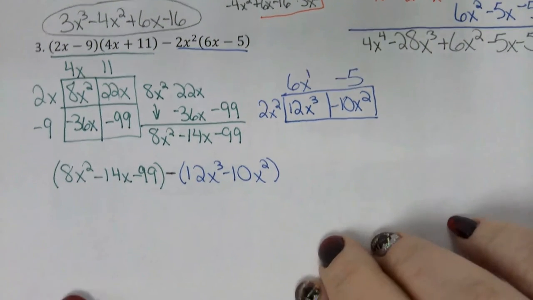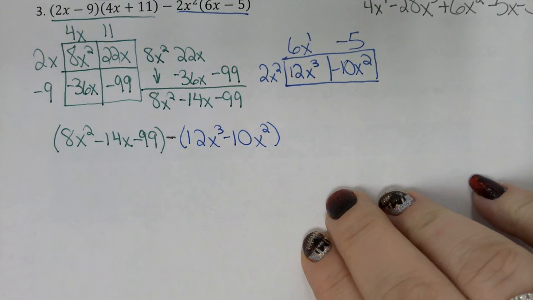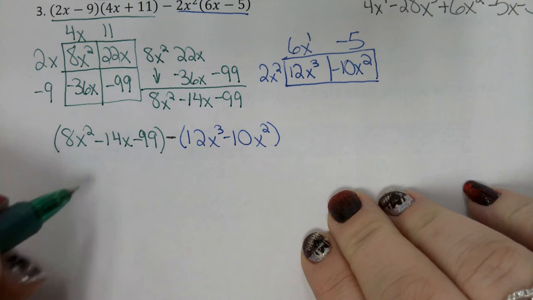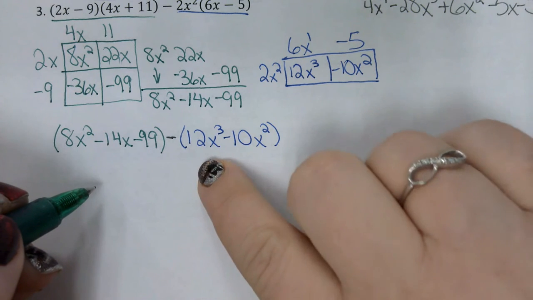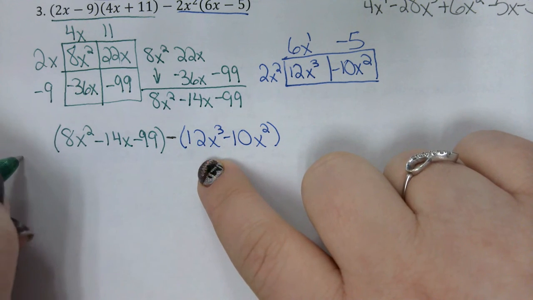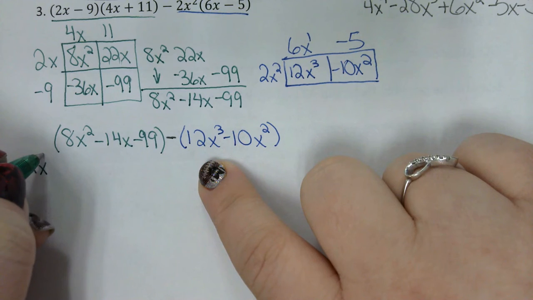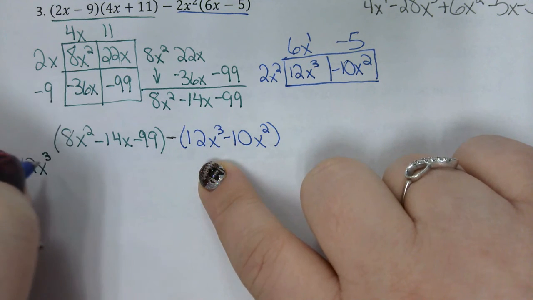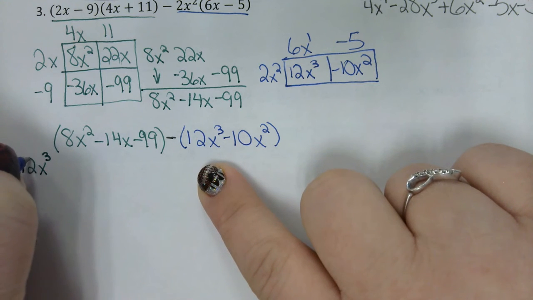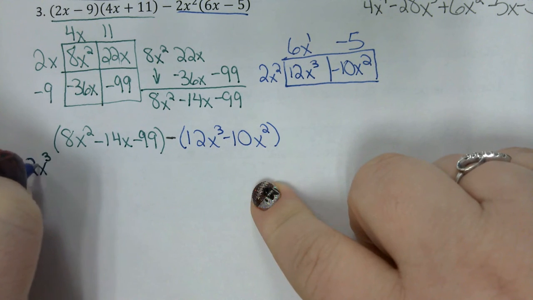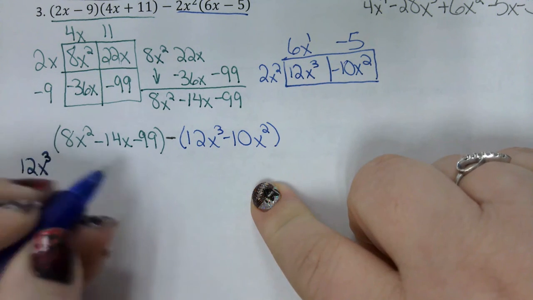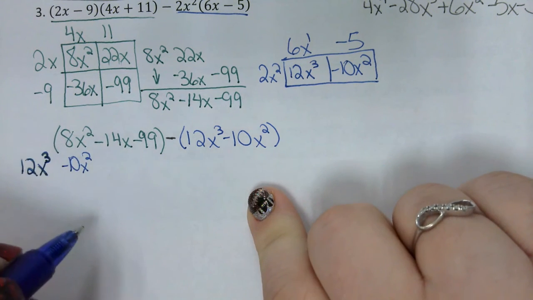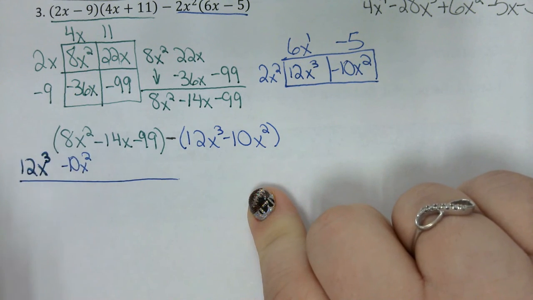And we are subtracting. So we have one of our terms here, and we are going to line up any like terms that we see. 12x to the third, he doesn't have any like terms. He gets his own column. And then we have our 10x squared. He has a like term right underneath the 8x squared. So negative 10x squared. And we are subtracting.